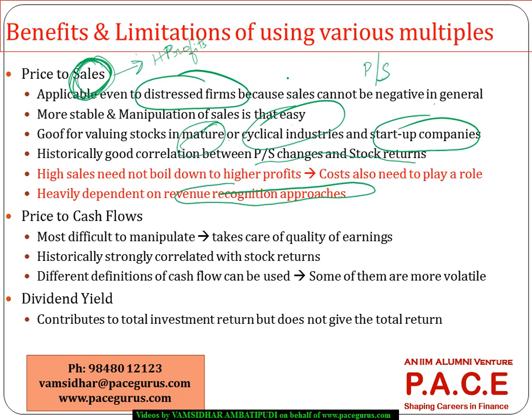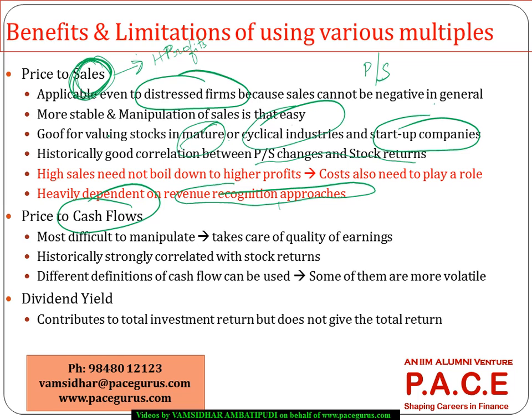Then moving on to the price to cash flow ratio. Generally, when we talk about cash flows, there is a reality to them, right? Because the cash flow is something which has to be in hand, cash that comes in hand or in the form of quick securities, marketable securities or equivalents of cash. So that is more of a reality kind of a concept, with not too many accounting principles surrounding it.